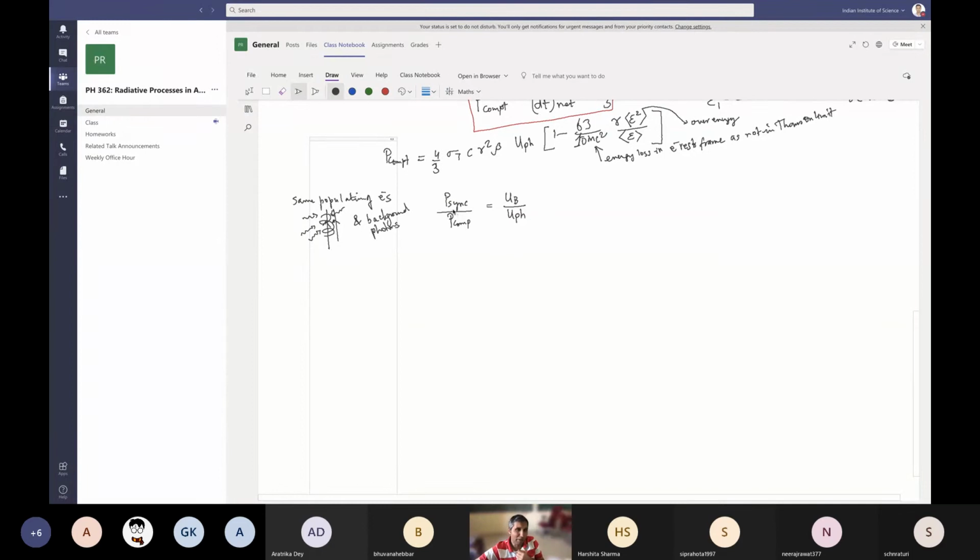But the ratio of the power in the scattered photons, due to synchrotron emission and due to Compton scattering, is given by this. If your magnetic energy density is higher than the photon energy density, then your synchrotron power will be more, and otherwise your Compton power will be more.